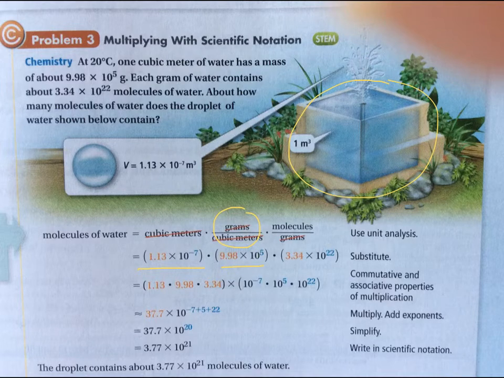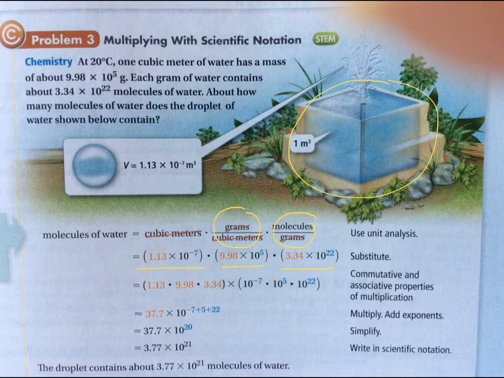And each gram contains 3.34 times 10 to the 22nd molecules of water. So you multiply the number of grams by the number of molecules, which is here, and so that's molecules per gram. So now that we've done the unit conversion, our answer is going to be in molecules. So now we're just multiplying these three values.